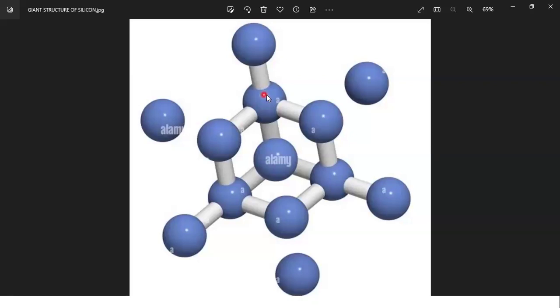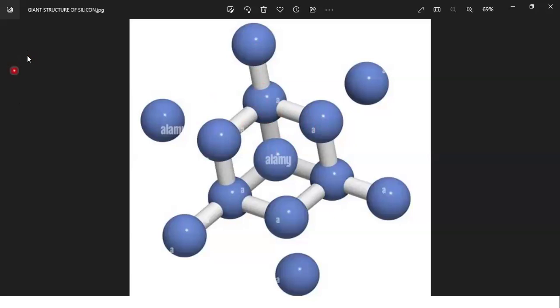If this is a silicon atom, it must be covalently bonded to 4 others. This is 1, 2, 3, 4 in 3 dimensions. So in 3 dimensions, it is covalently bonded to 4 others in a tetrahedral arrangement. This is a tetrahedral arrangement. One is going the other side.